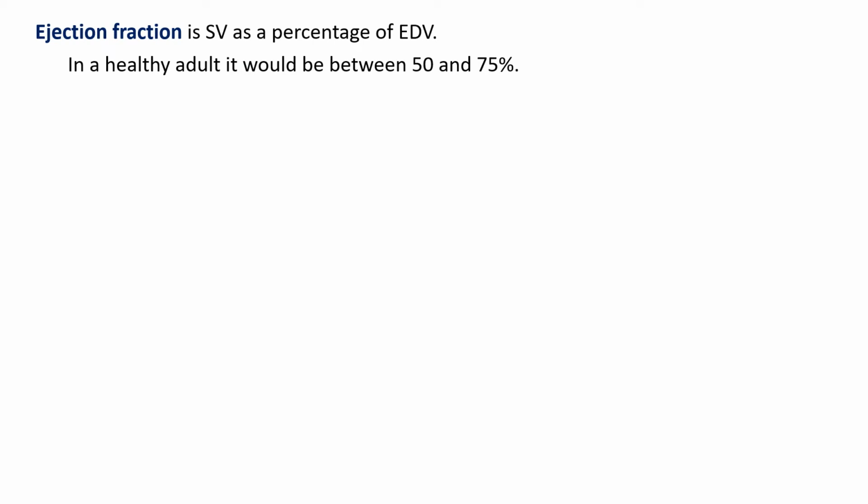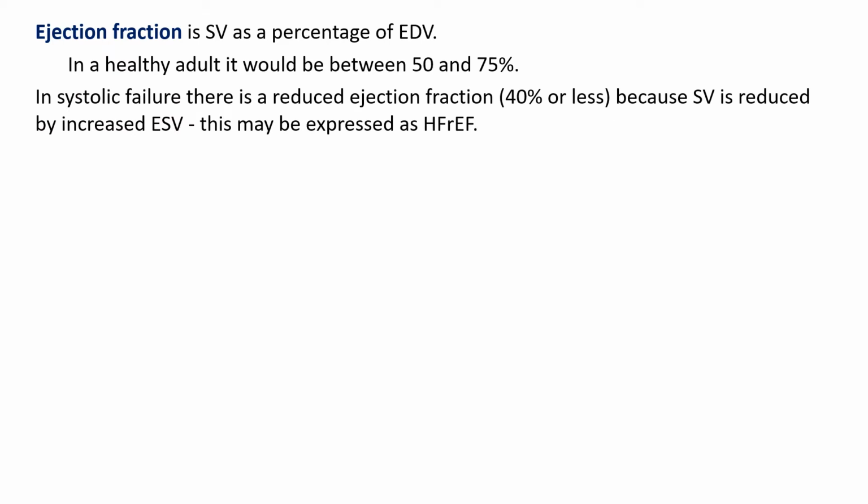Ejection fraction is a factor that we haven't really talked about before. What it is, it's stroke volume as a percentage of end diastolic volume. In a healthy adult, it's about 50 to 75%. In systolic failure, there is a reduced ejection fraction, so 40% or less, because stroke volume is reduced by increased end systolic volume.